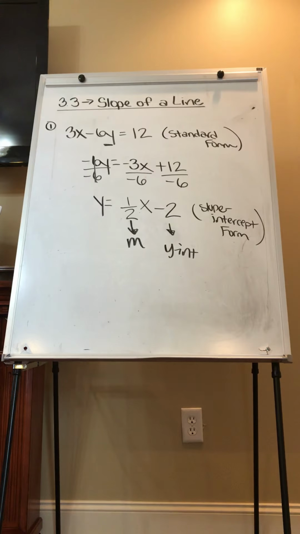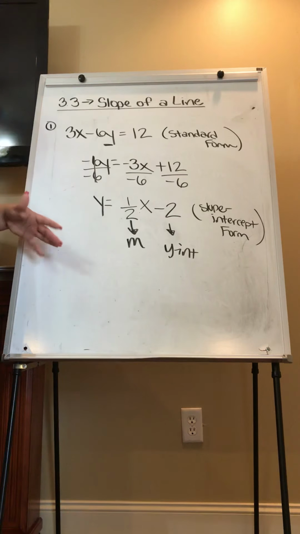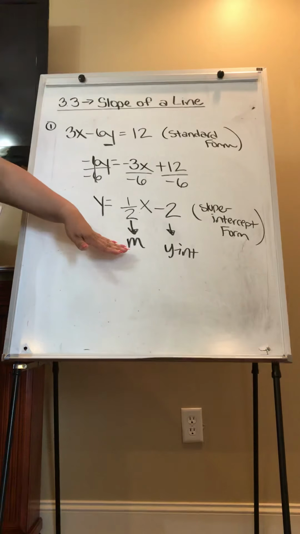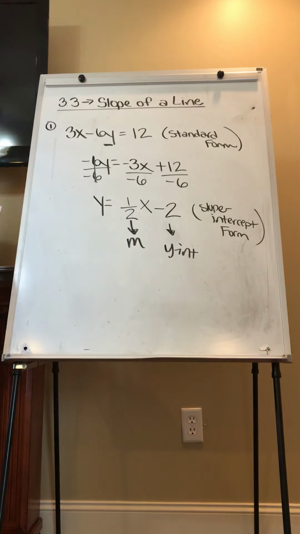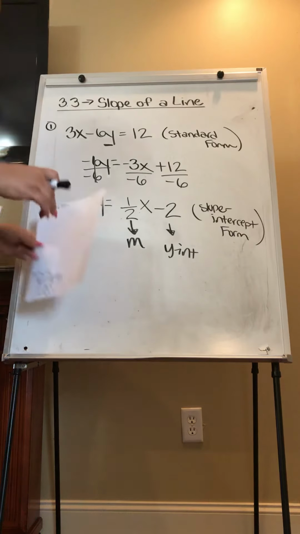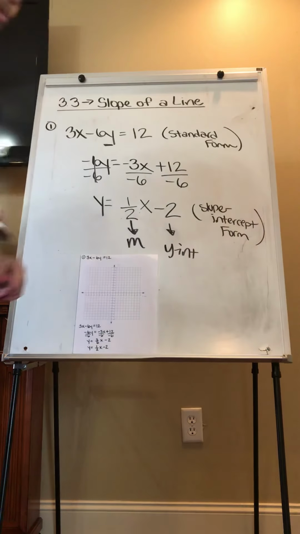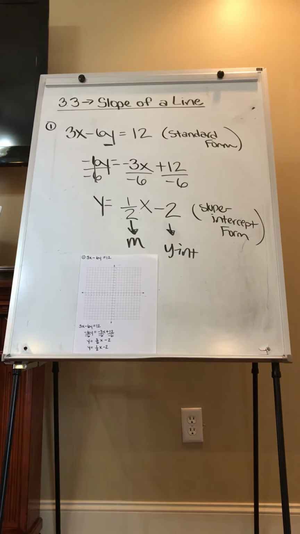Now, you would need to graph this equation, and I would like to graph it by using the slope-intercept form. Here is a piece of graph paper, and I might have to zoom in on it so you can see it.